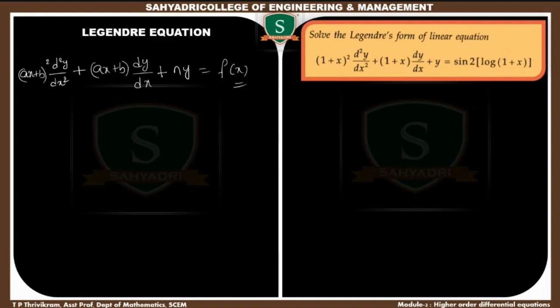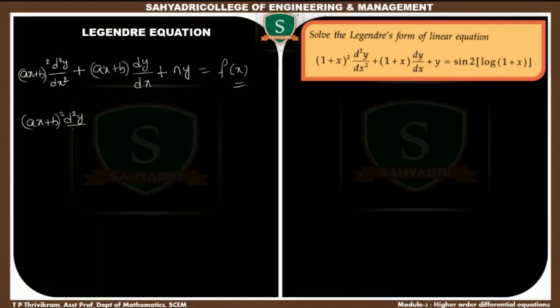While writing these notations, everything will be the same. Suppose ax plus b whole square d square y by dx square. This can be replaced: here x quotient is there, right?